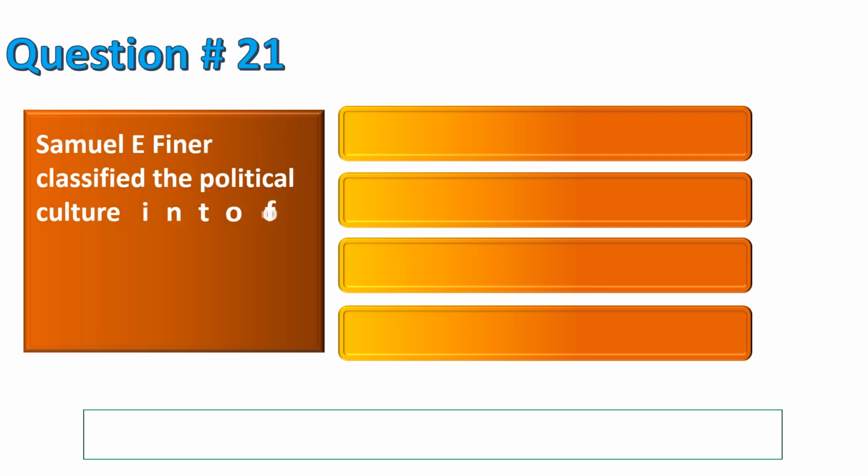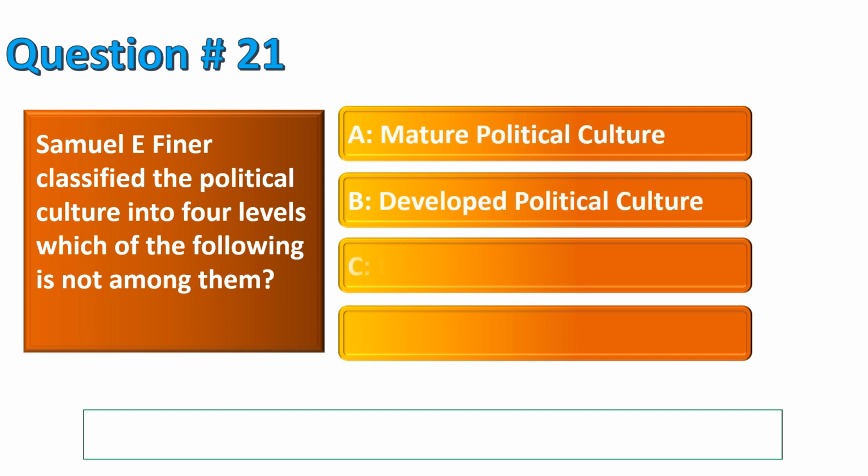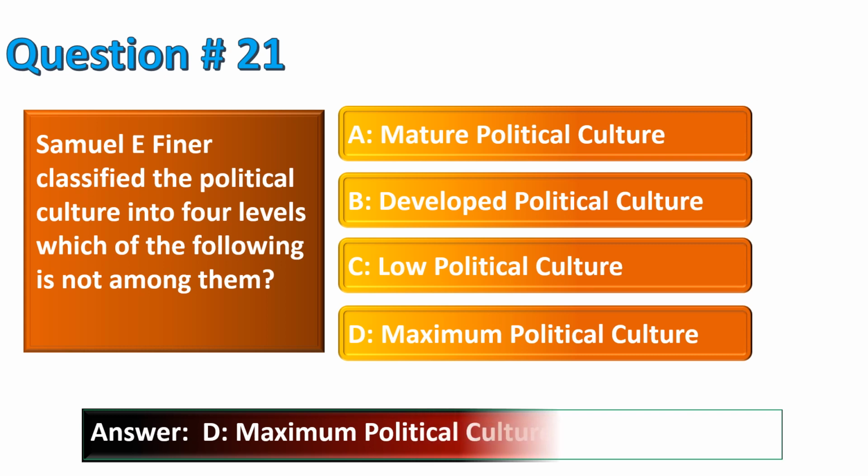Samuel E. Finer classified the political culture into four levels. Which of the following is not among them? Mature political culture, developed political culture, low political culture, maximum political culture. The correct option is option D, maximum political culture.